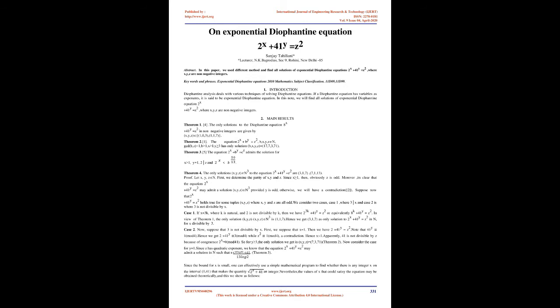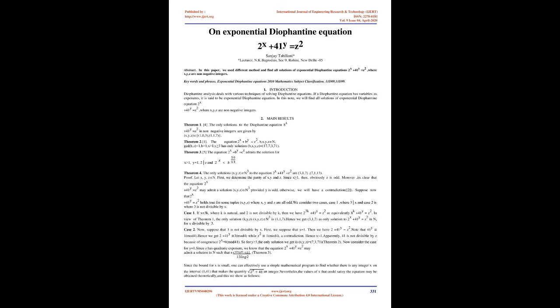In view of Theorem 1, the only solution (k, y, z) in N^3 is (1, 1, 7). Hence we get (3, 1, 7) as the only solution to 2^x + 41^y = z^2 in N for x divisible by 3.